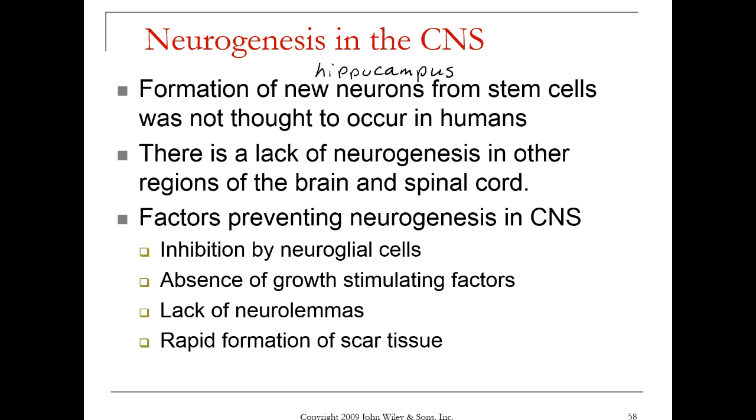You can't let something get too fast or get too slow. You want to keep it within the correct levels. So if you suddenly began to grow new neurons in an area, then one aspect of that homeostasis might get out of whack. You might lose some controllability because activity levels go way up because of all the new neurons. So it's actually a protective factor that prevents neurogenesis within the central nervous system.